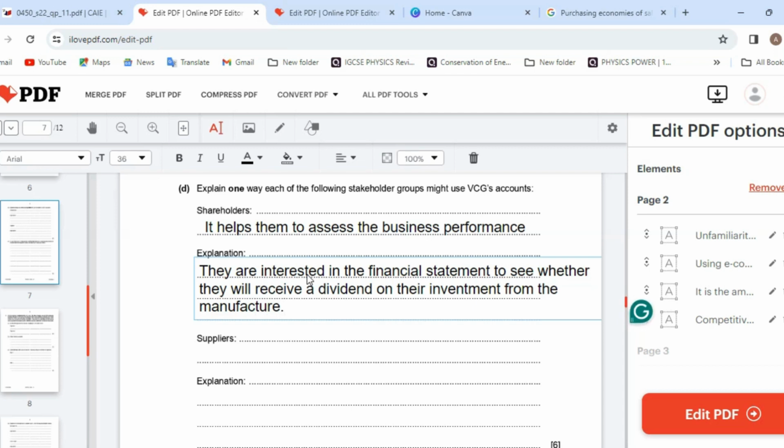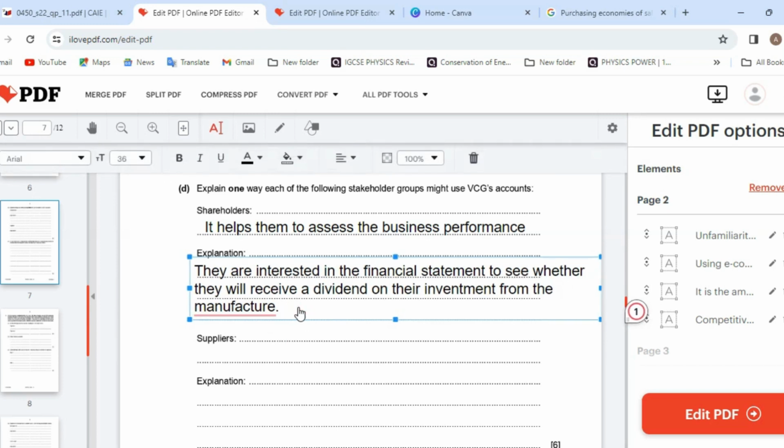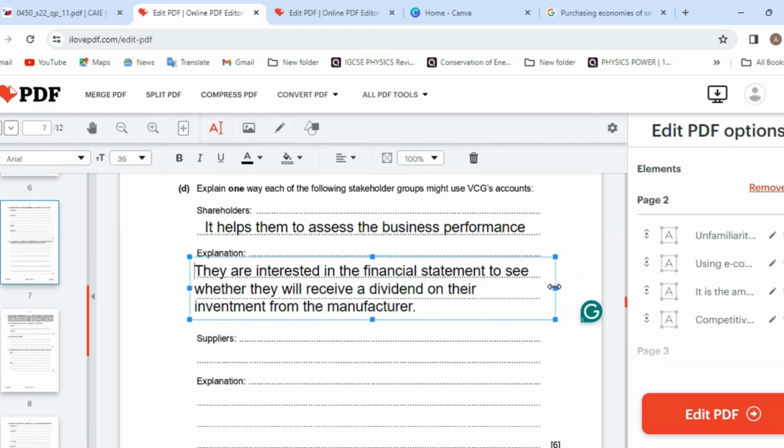That is one. Of course, it can also help them to decide whether to continue investing in the business or not when they assess the business performance.